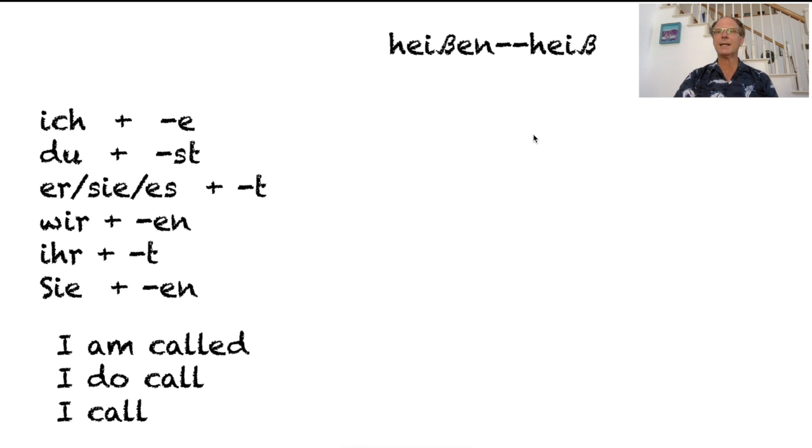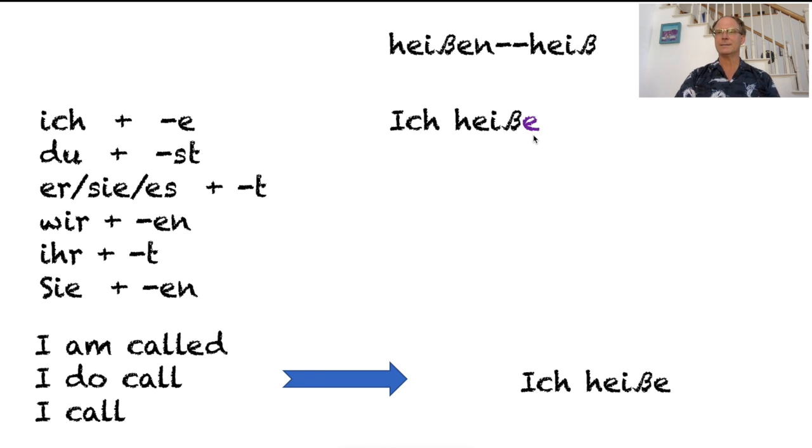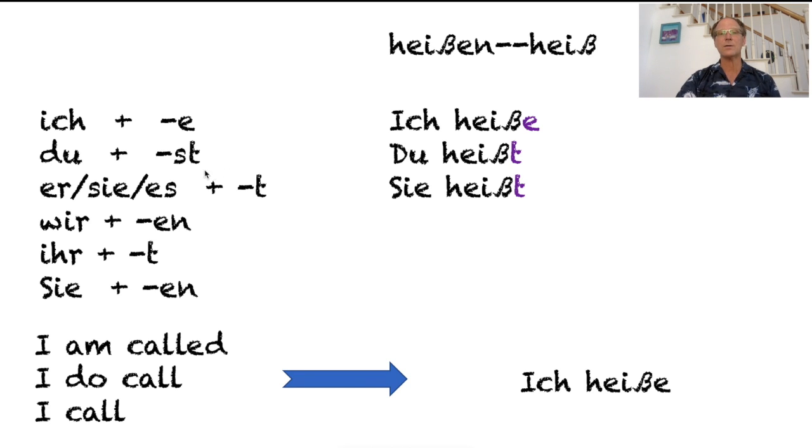You'd say ich heiße. If you want to say you are called, you say du heißt. Now, you're not going to add an S sound on the du form because it's already included in the ß.